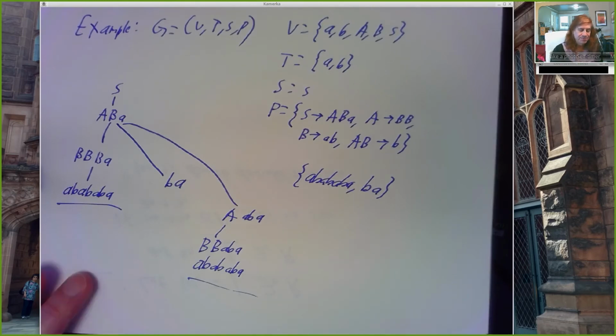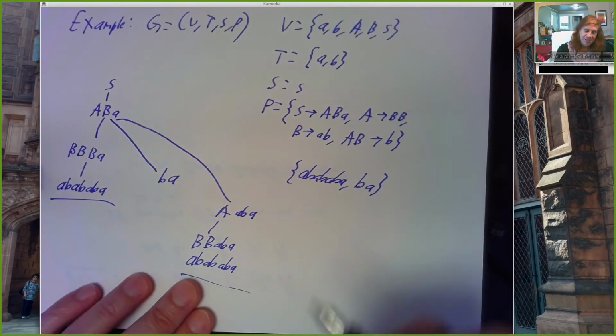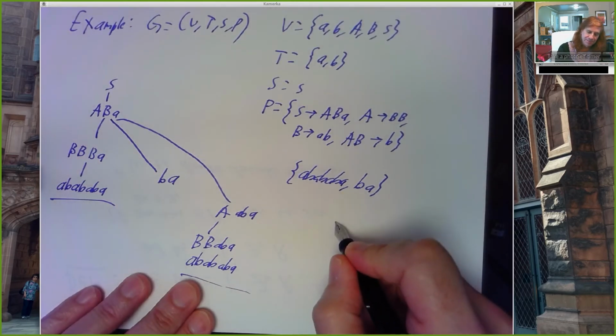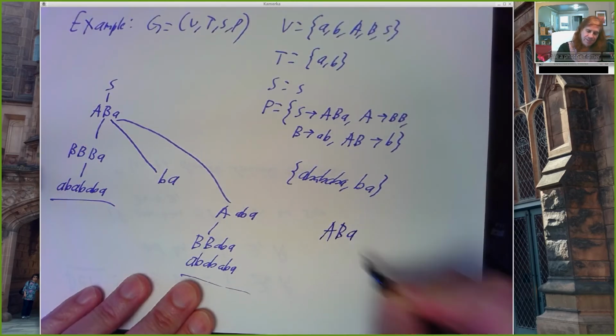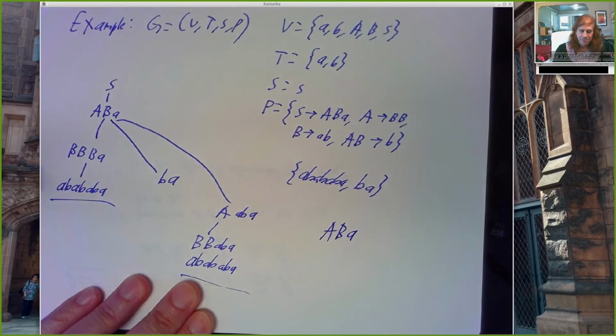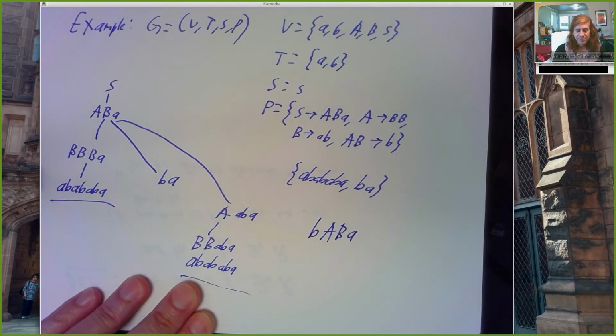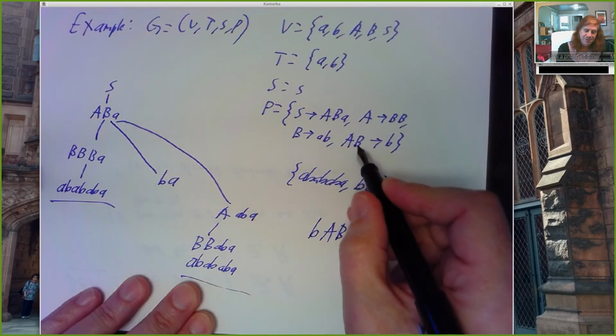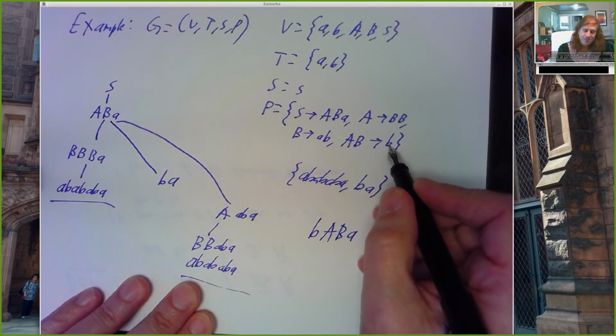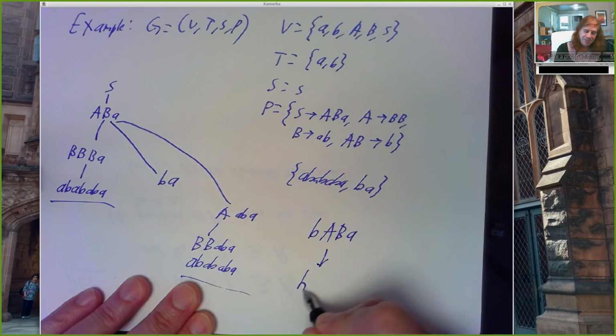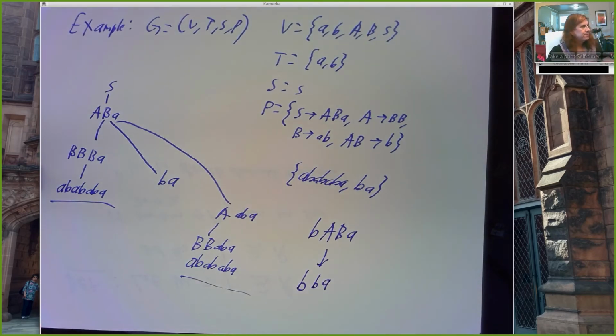For example, if we had a string ABA, well, let me make it BABA. We have a production rule which says uppercase AB can be replaced with B, which means this can be changed into B followed by a little b followed by an A. Right?